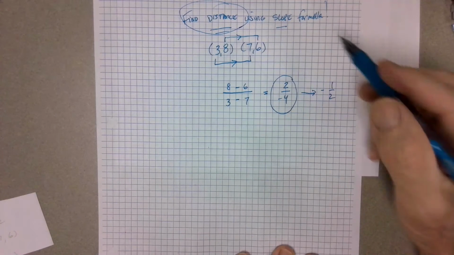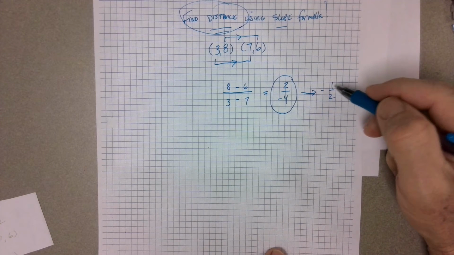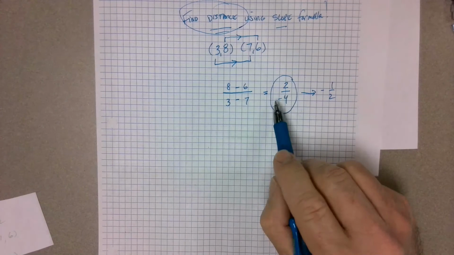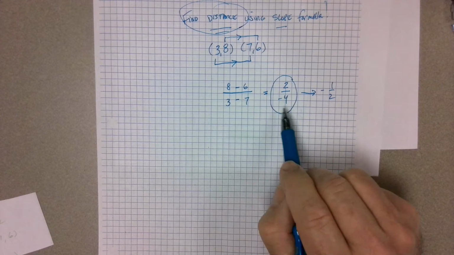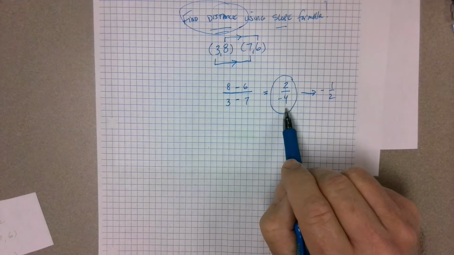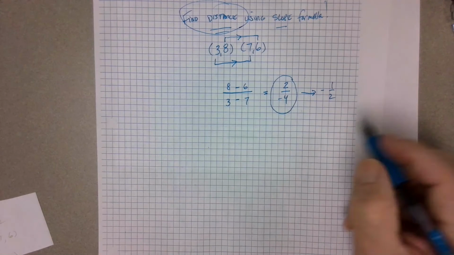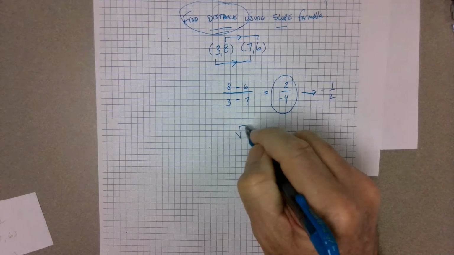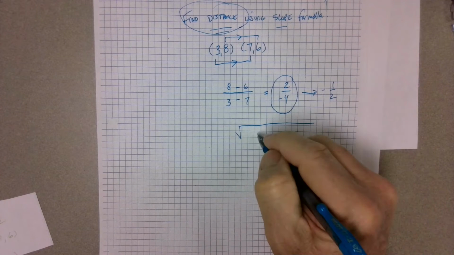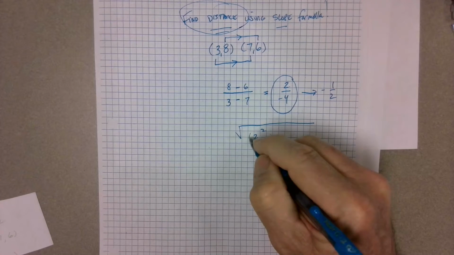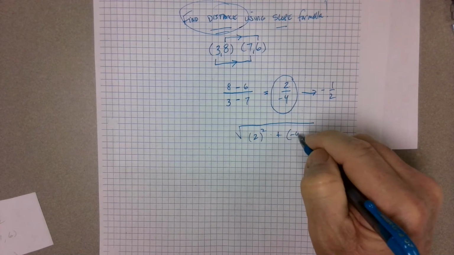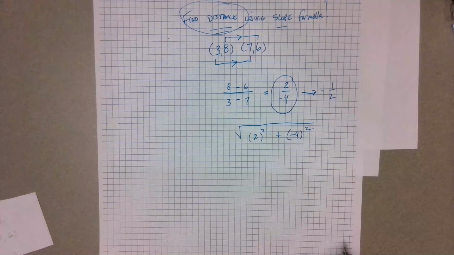You never would use the reduced fraction. You're going to have to use the absolute value fraction. All right, so this number that I circled, this now allows me, if you take the top number and the bottom number and you square them and add them under the radical, that's the distance.